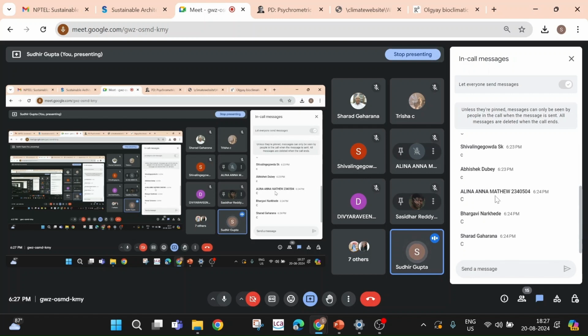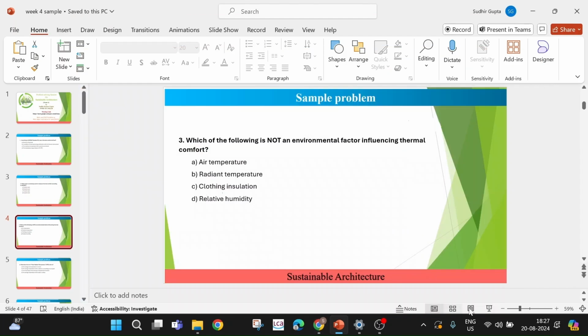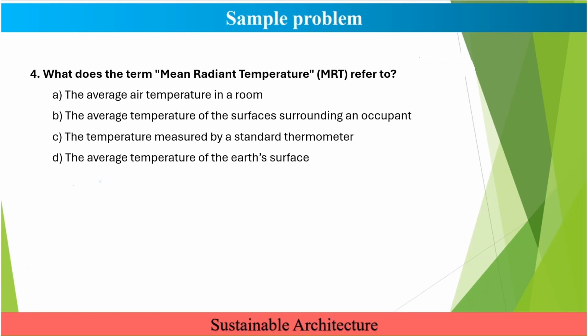So everybody is fine with answer C? Is it fine? Yes, sir. Okay, then we can move to the fourth question. Yes. Here is the fourth question. What does the term mean radiant temperature, MRT, refer to?